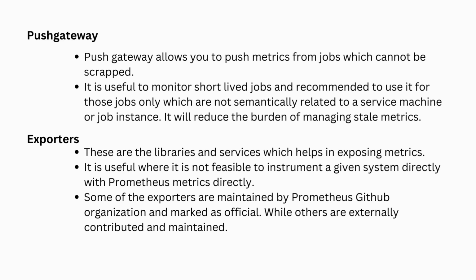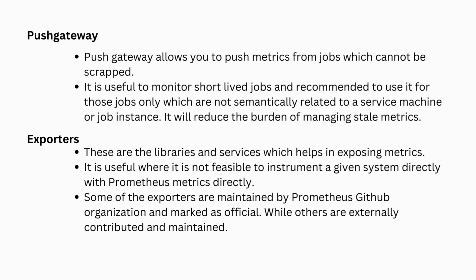This means push gateway by default does not forget anything that is coming its way. So it works as metric caching. It stores whatever metrics came to it, and you have to delete them manually if you want to. What happens in that case? Suppose your short-lived job goes offline, and then a new job comes up.